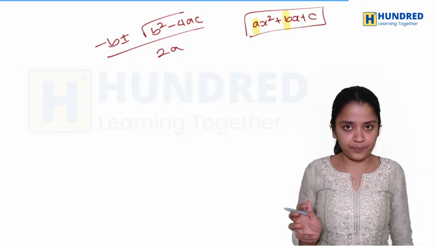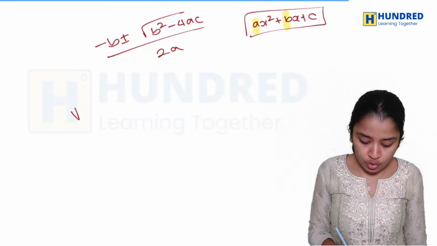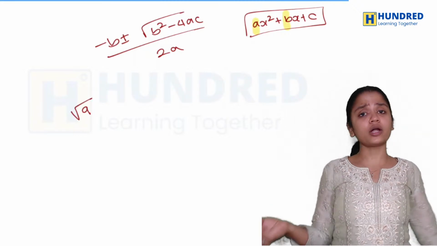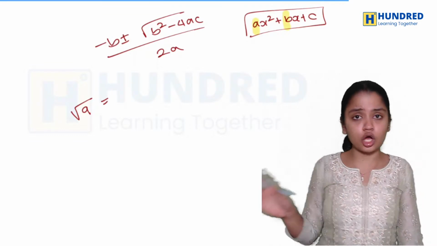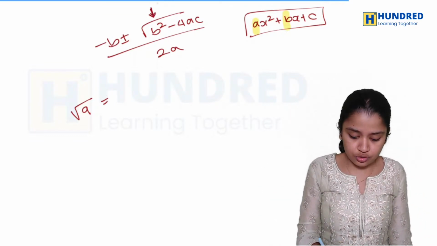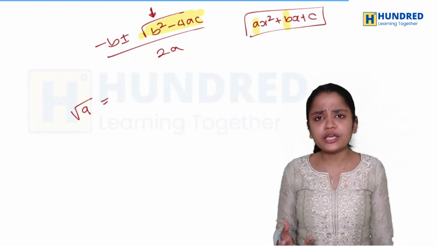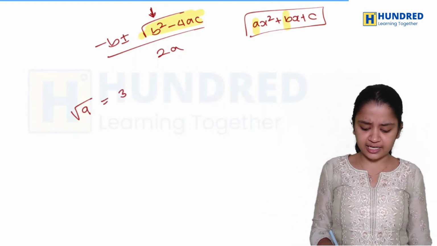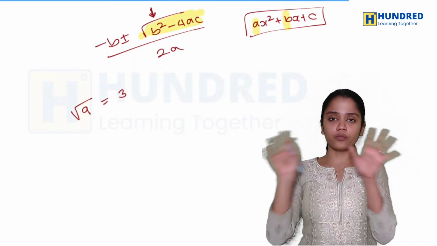For example, if you get root of 9 after solving, what will your answer be? Root 9 is nothing but 3 square, so 3. It is again a real number, so no problem.